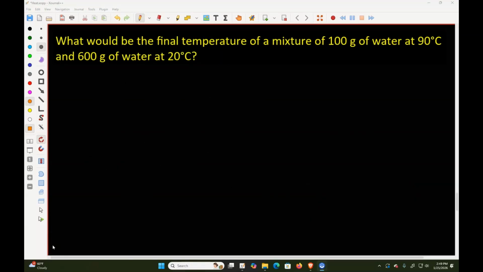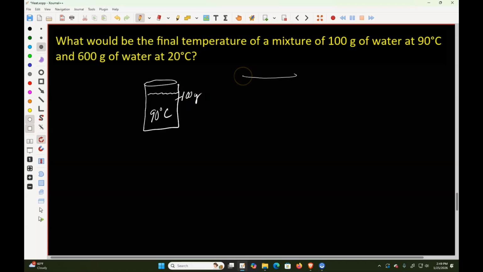What would be the final temperature of a mixture of 100 grams of water at 90 degrees Celsius and 600 grams of water at 20 degrees Celsius? So I have a container here. This is at 90 degrees Celsius, and I have 100 grams.